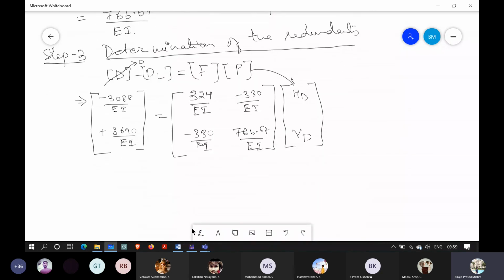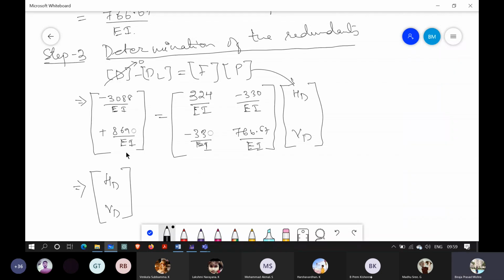If you solve this one, you will find HD and VD. This will go that side, it will be inverse. So it is coming as 3.6 tons and 12.8 tons. If any correction is there, please let me know. I'll be happy to correct the answers here. Okay, so these are the HD and VD.